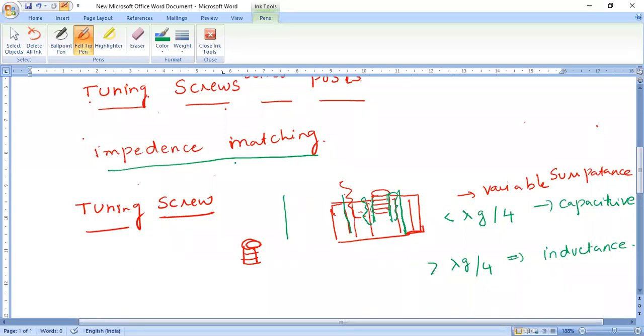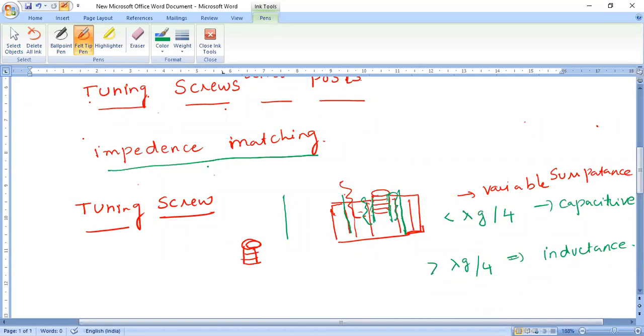If the penetration is less than lambda g by 4, it gives capacitive susceptance. If it is more than lambda g by 4, it gives inductive susceptance. The main drawback is that we need to make a slot inside the waveguide.